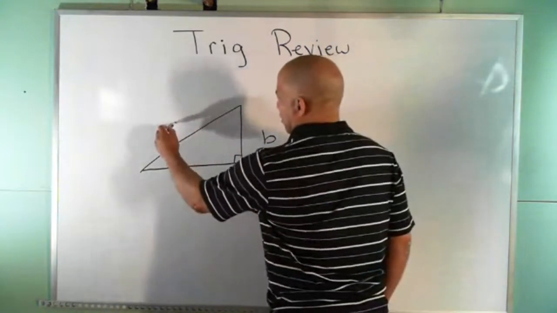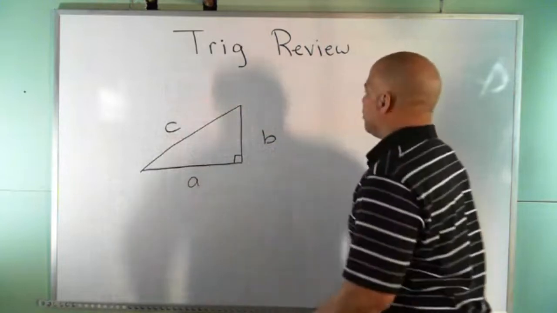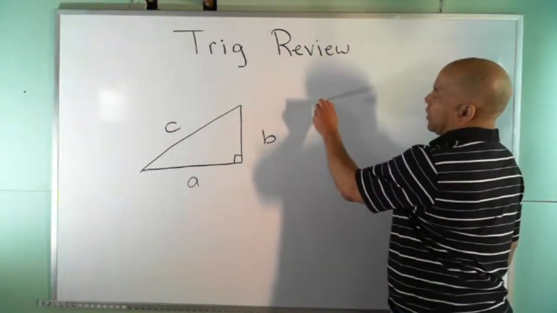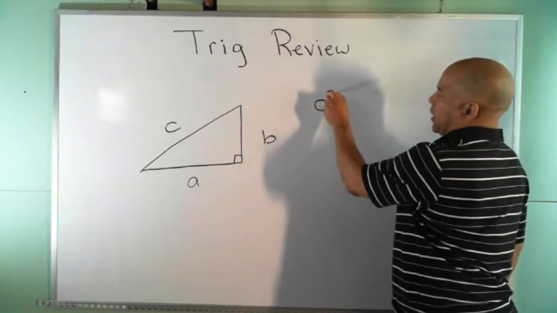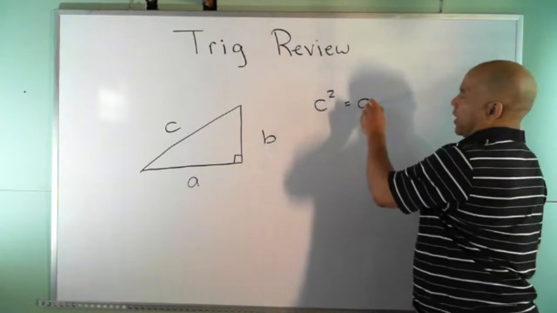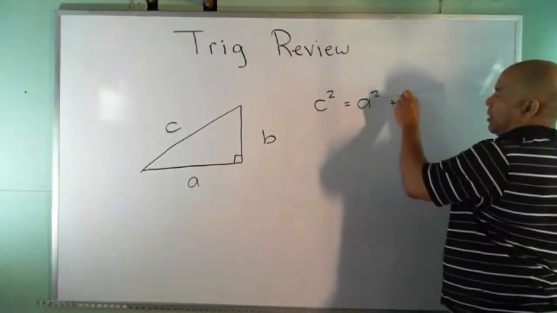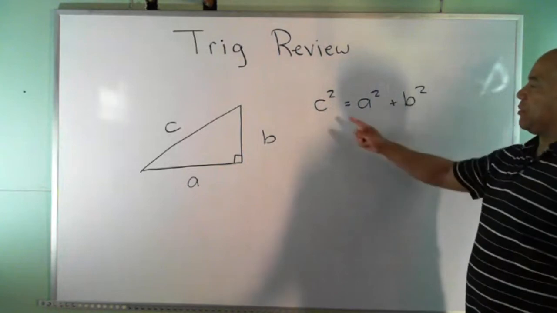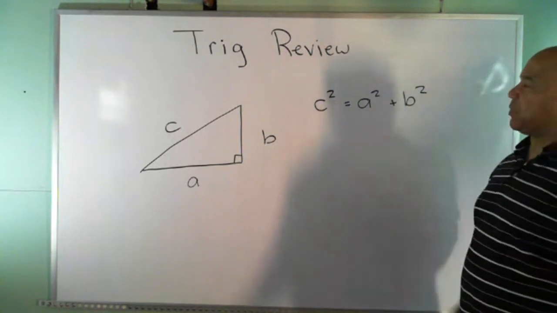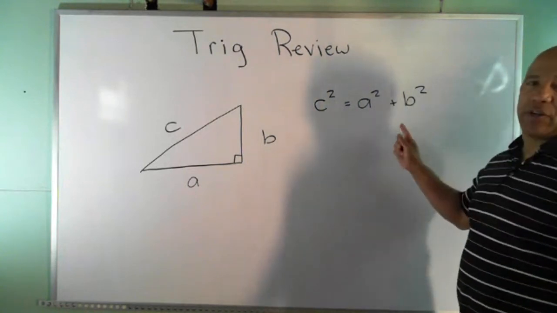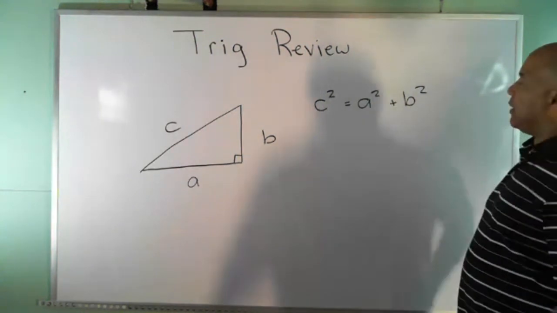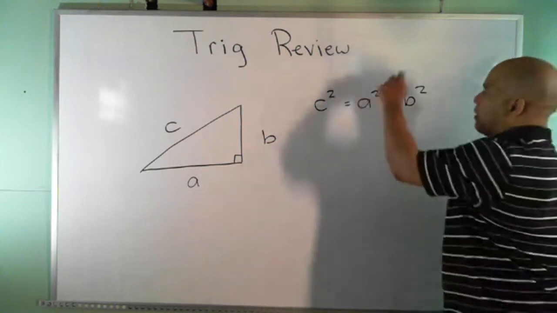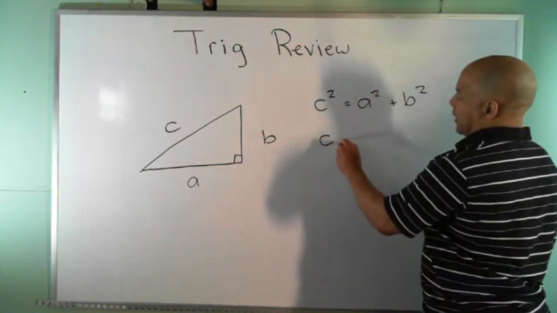And the longest side is the hypotenuse. The equation that everybody's familiar with is the fact that c squared equals a squared plus b squared. The sum of the square of the legs is equal to the square of the hypotenuse. So, of course, that's the Pythagorean theorem. We actually use this a whole lot when we deal with capacitors, and as you'll see, when we deal with inductors. But we solve this for c, so we'll actually use it like this.